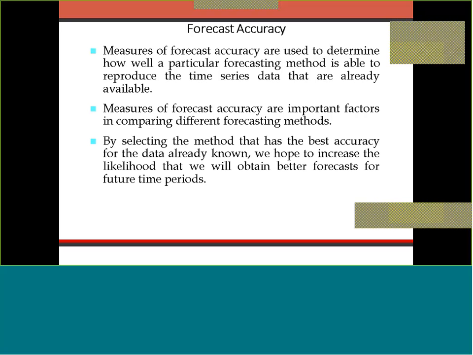Measures of forecast accuracy are used to determine how well a particular forecasting method is able to reproduce the time series data that are already available. They are important factors in comparing different forecasting methods. By selecting the method that has the best accuracy for the data already known, we hope to increase the likelihood that we will obtain better forecasts for future time periods.